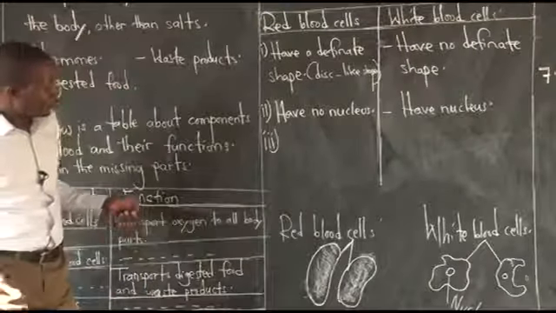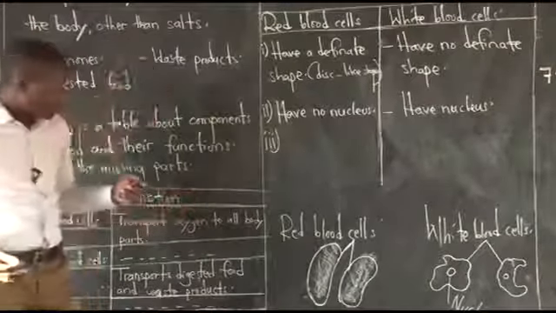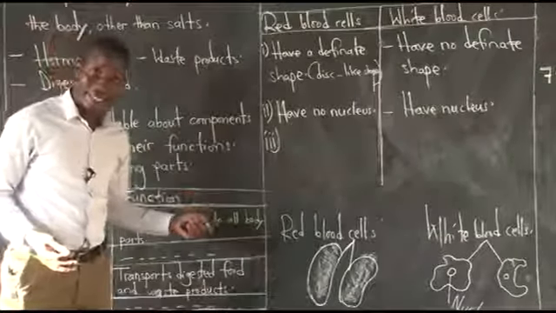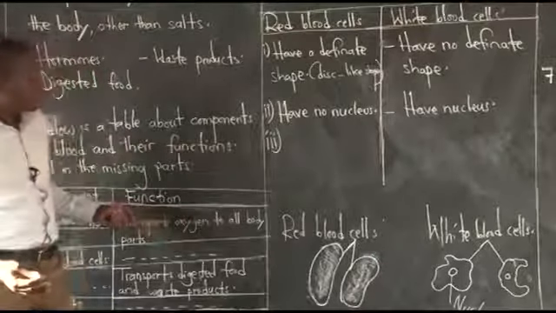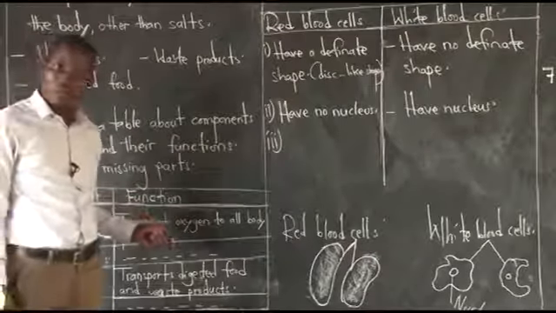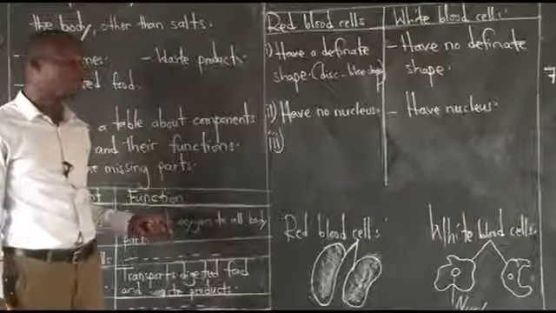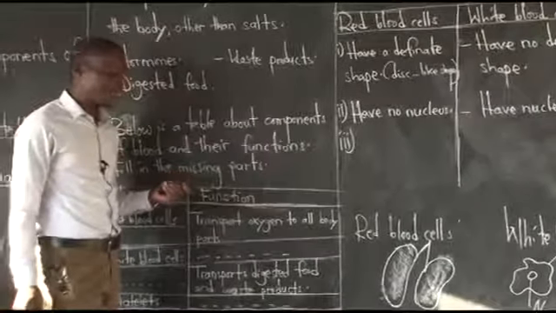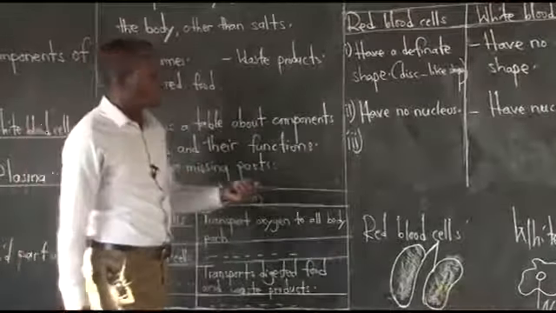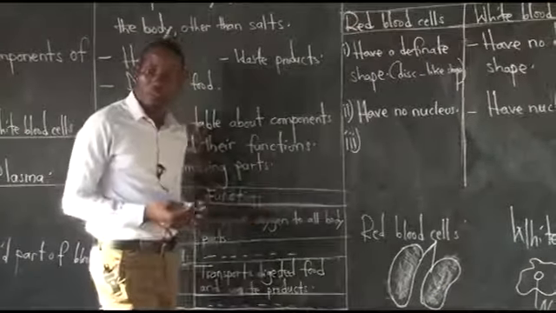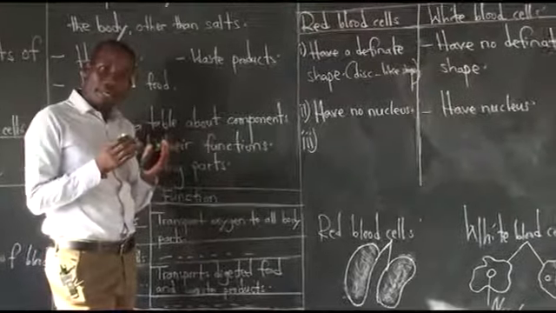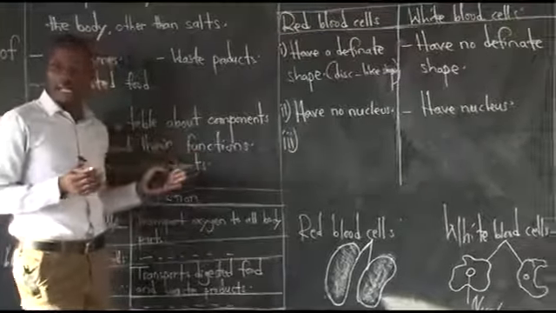So red blood cells are red in color, while white blood cells have no color. Why? Because they have no hemoglobin. Red blood cells have hemoglobin that gives them the red color, while white blood cells have no hemoglobin. Hemoglobin makes these cells red in color.